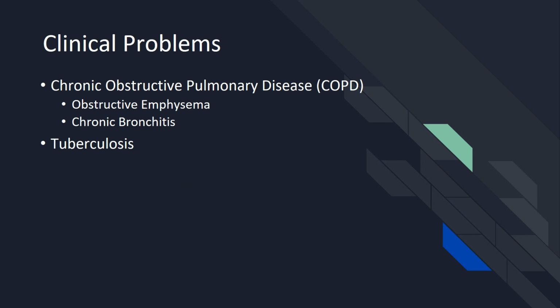Clinical problems. You have COPD, which is obstructive, and that is the permanent enlargement of the alveoli, chronic bronchitis, which is excess mucus production because of an ongoing infection, and tuberculosis.